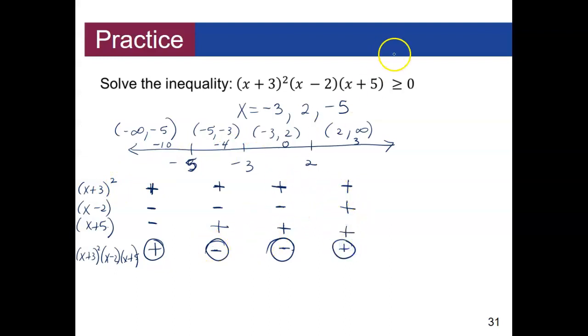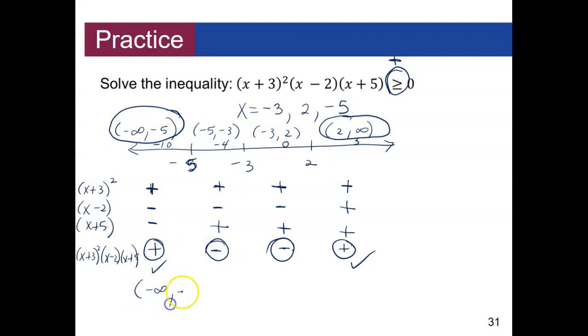So looking at this, I want greater than or equal to, so that tells me I need the positive regions. So I have a positive region here, and I have a positive region over here. So that's going to give me this interval and this interval. So I'm going to have negative infinity to -5, union that with 2 to infinity.